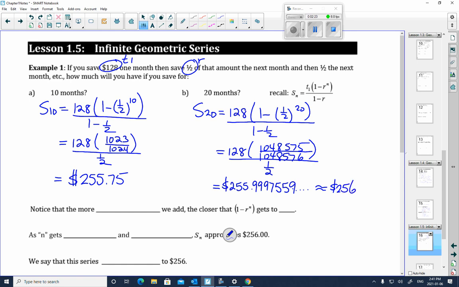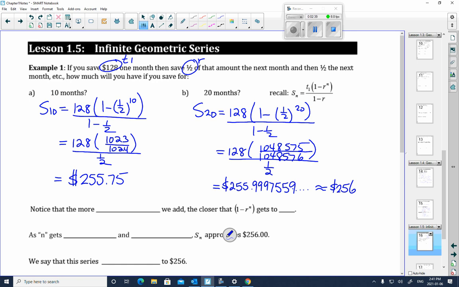Okay, and if I were to go to 100 months later, if you were to punch that in, you would notice that I get 256 as well. Now, why does this happen?